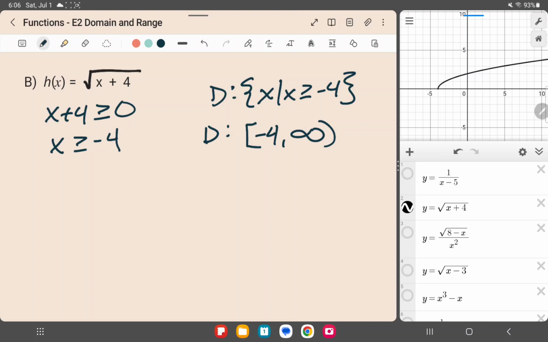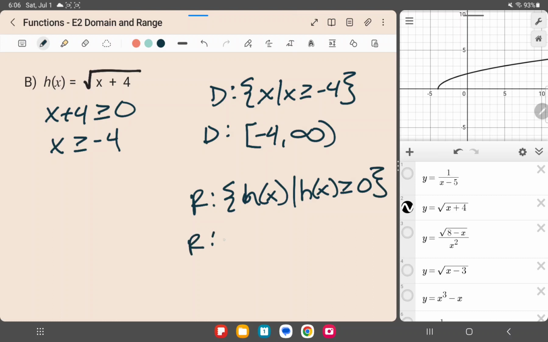So therefore, my range can be written as h of x such that h of x is greater than or equal to 0. And in interval notation, that looks like a bracket with a 0 to positive infinity.